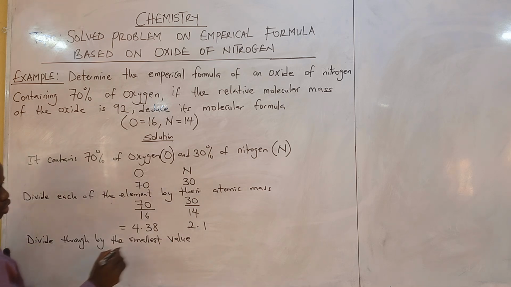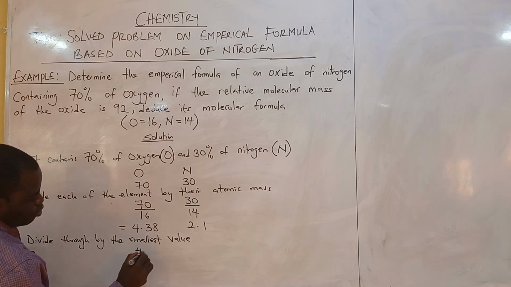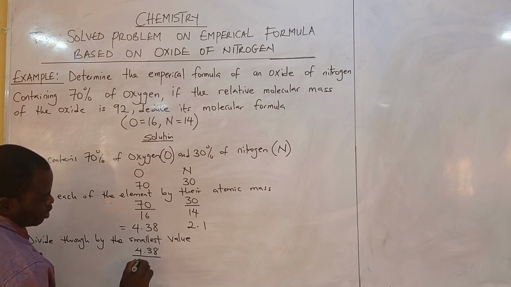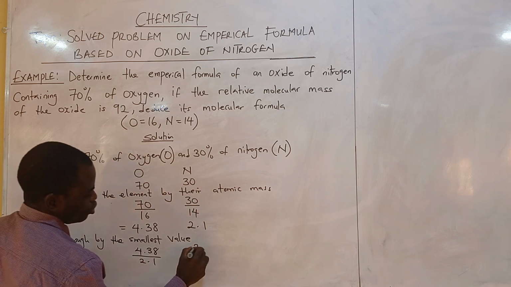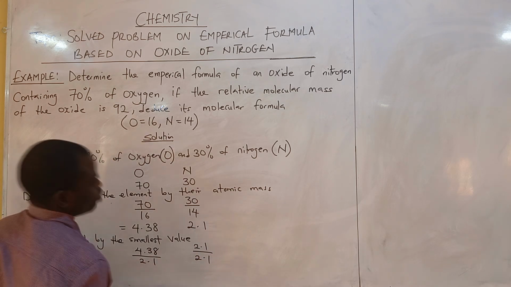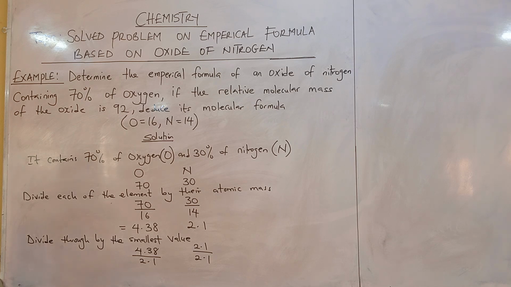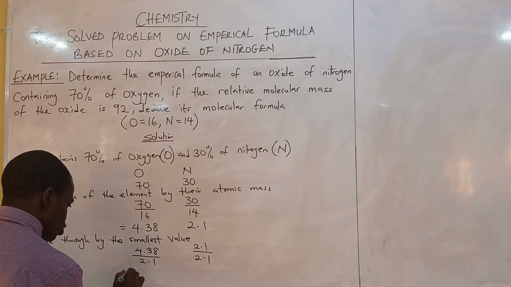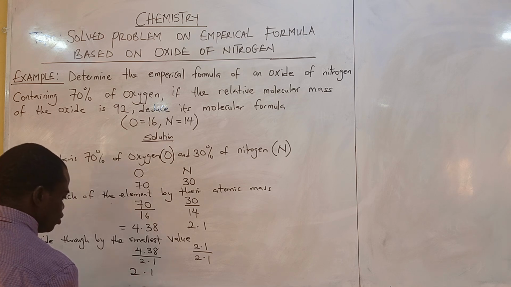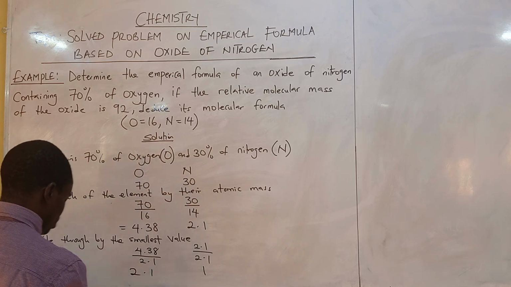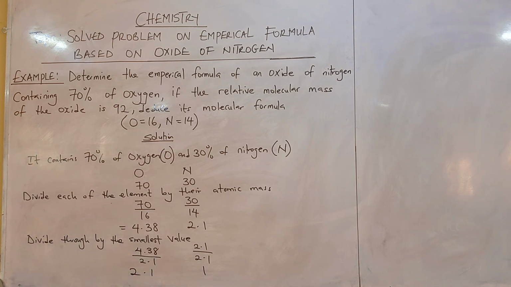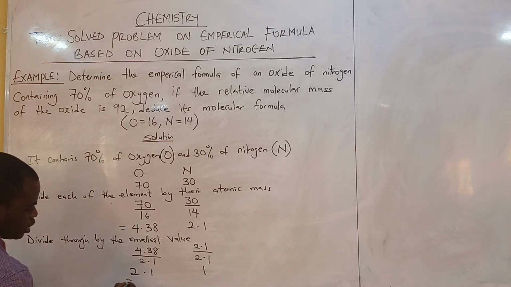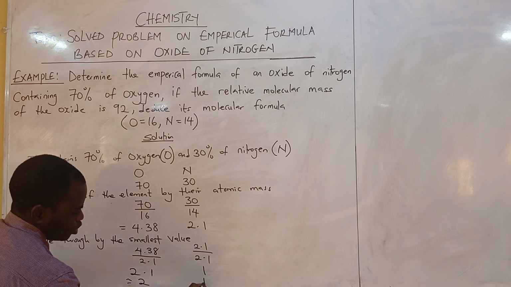The smallest value is 2.1. Now 4.38 divided by 2.1 and 2.1 divided by 2.1. When you divide that, you're having 2.1 and you're having 1. Is that okay? From here, you can approximate this to be approximately 2. This one is 1.